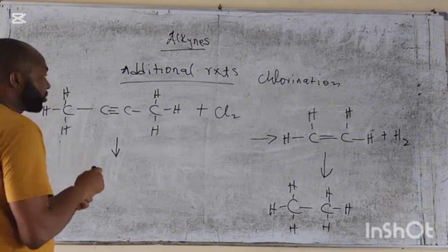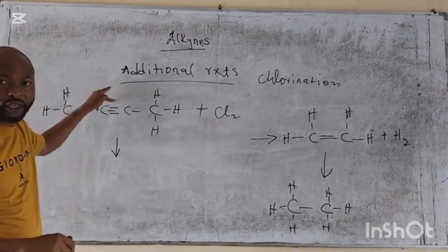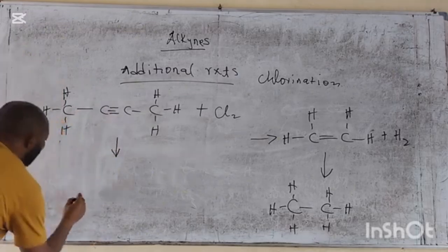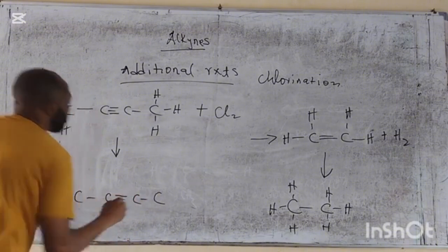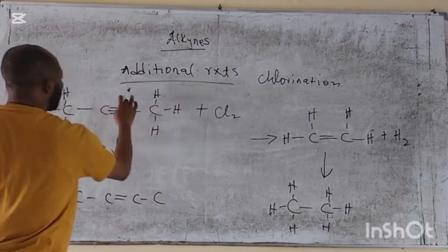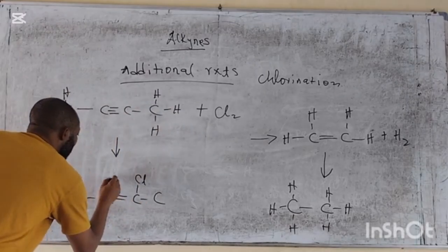Now it's reacting with Cl2, which means this Cl2 is able to break one bond here to give us a single bond. So let's see what we get. We have 1, 2, 3, 4. One bond will be gone, and the chlorine will replace these two. So I have Cl, Cl.